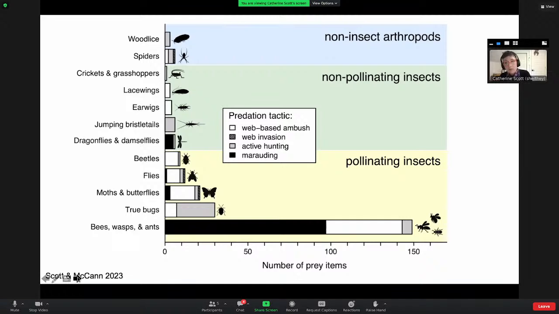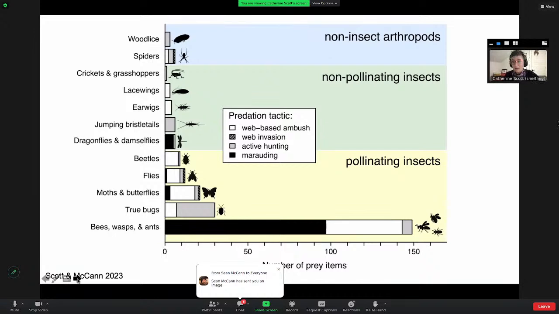So particularly for the bees, wasps, and ants, that bar along the bottom, you can see that a large proportion of the prey that we found these candy stripe spiders feeding on was the result of them preying on sleeping insects, usually bees and wasps, sometimes dragonflies and damselflies, the occasional fly and butterfly, etc. So this is basically step one in our interest in these spiders. We have an idea, at one location over one year, of what the diet is and some of the predation tactics that these spiders are using.